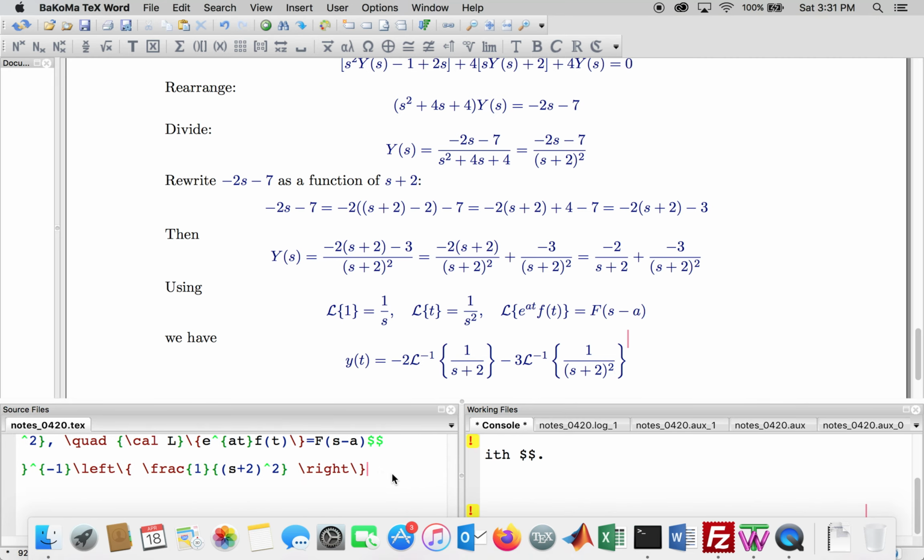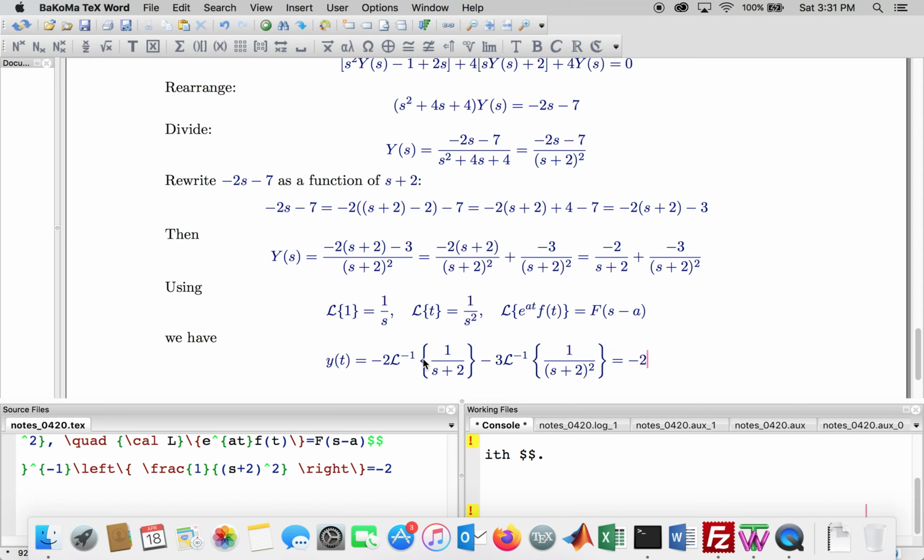Okay. Now, what we have in both cases are shifted functions. So here we have capital F of s minus a, where a is equal to minus 2, and capital F in this case is 1 over s. Here we have a again equal to minus 2, and capital F would be equal to 1 over s squared.